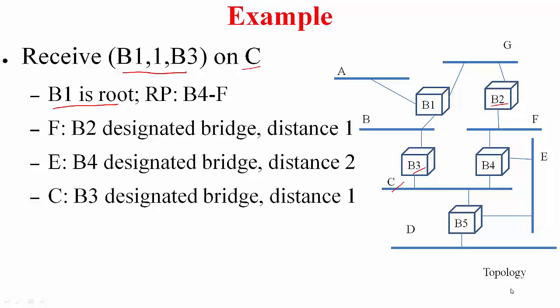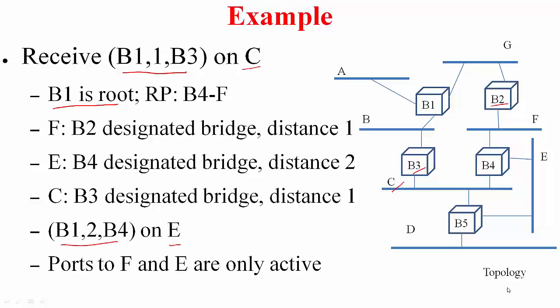And on what ports? It is now going to forward this particular configuration message only on E. It is not the designated bridge for F or C. It's only the designated bridge for E. It should be obvious by now that only the root port and this designated port are active. It has disabled this particular port.